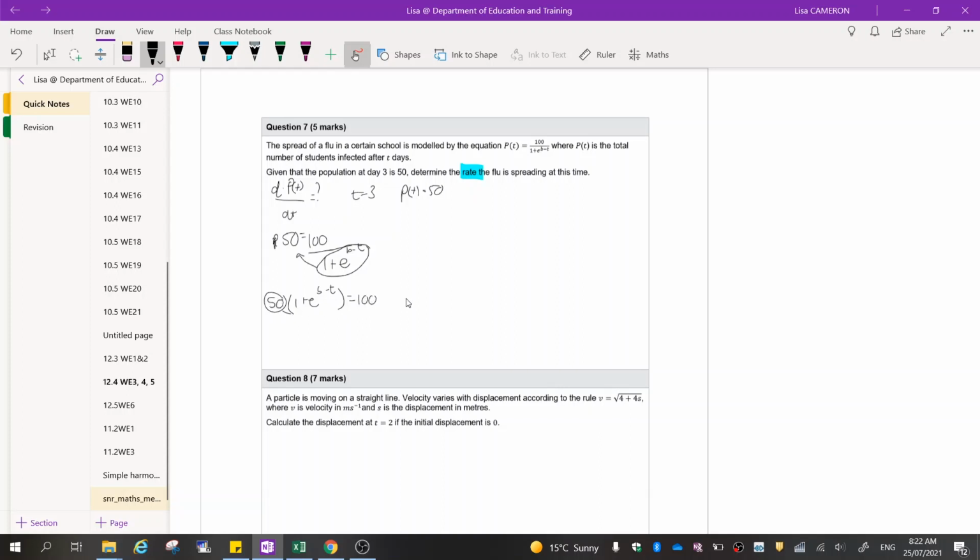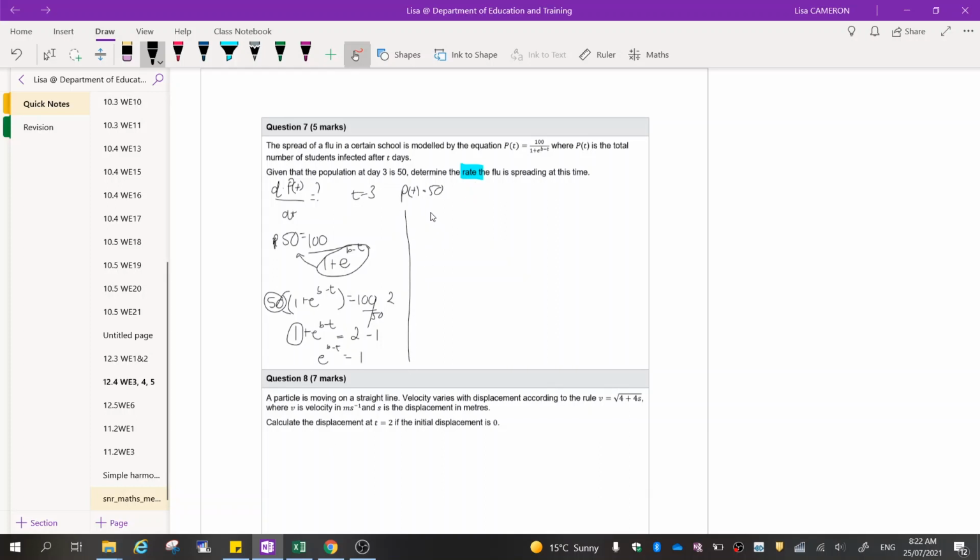Take this to the other side by dividing by 50. That's going to leave me with 2 here. Now I've got 1 plus e^(b minus t) is equal to 2. Take this across by subtracting. So now I've got e^(b minus t) is equal to 1.